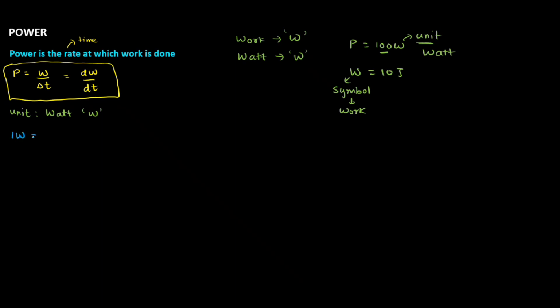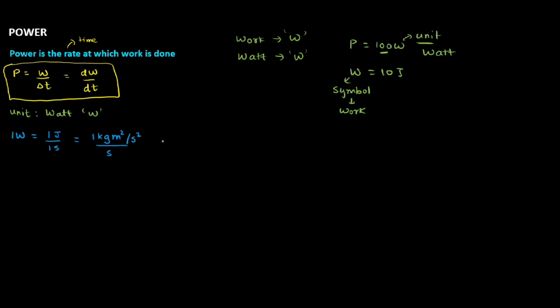1 watt can also be written as 1 joule over 1 second, because power is defined as work done over time, the unit of work is joule and the unit of time is seconds. You can also rewrite 1 joule as 1 kilogram meter squared per second squared, over 1 second.